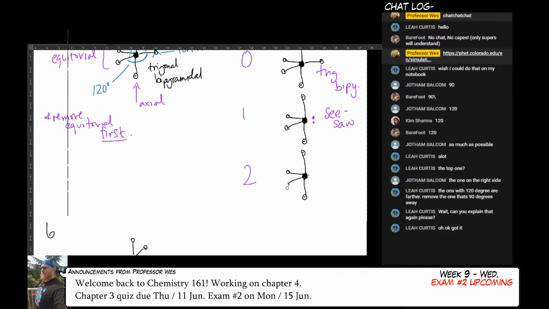So I'll just pick this one. And we'll put in the electron pairs right where those were. And now this looks kind of like the letter T. We're going to call it T-shaped.